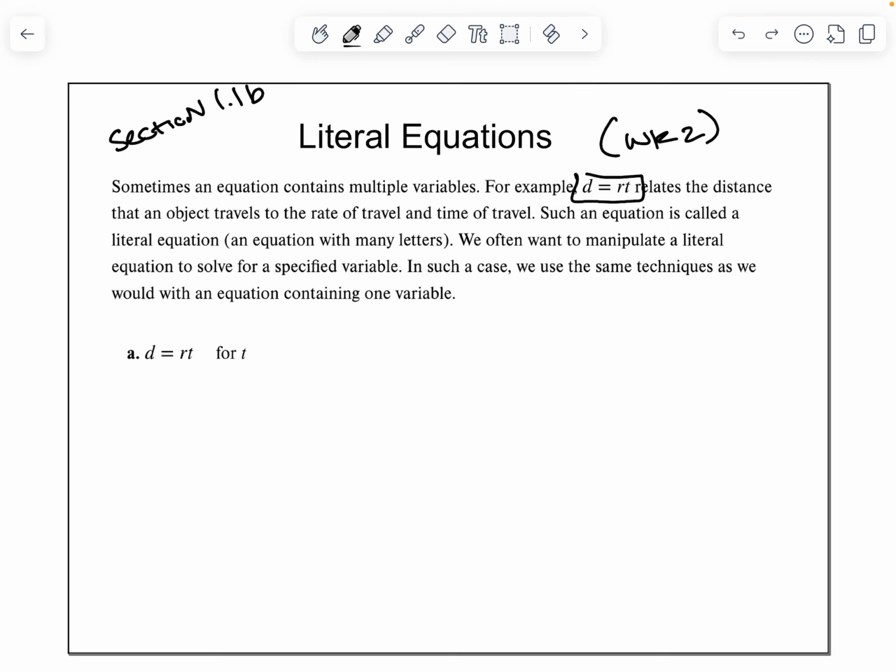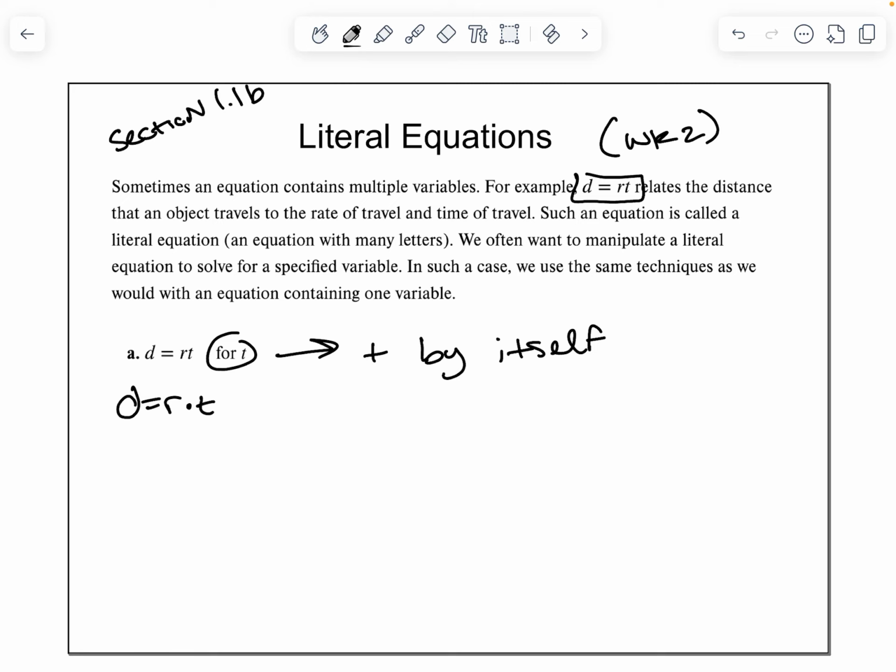So, for example, this first example we have d equals rt. We're trying to solve it for t. That means we want to get t by itself. This is the same as d equals r times t, right? We talked about a couple of videos ago the multiplicative and the additive rules of equality.